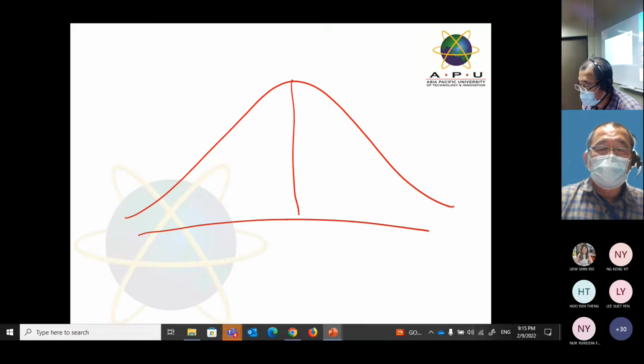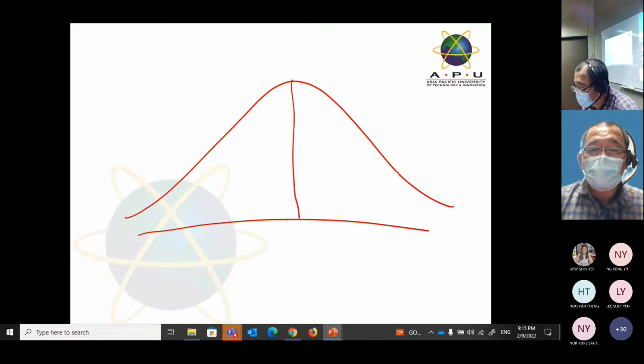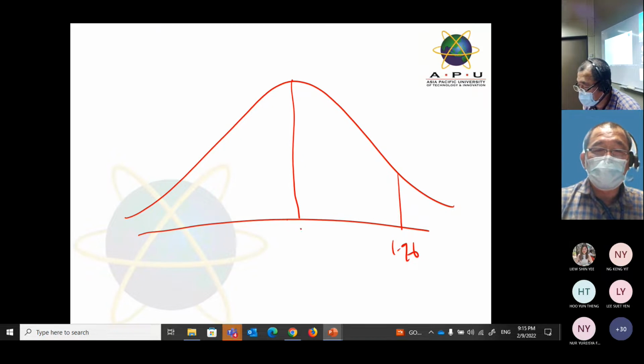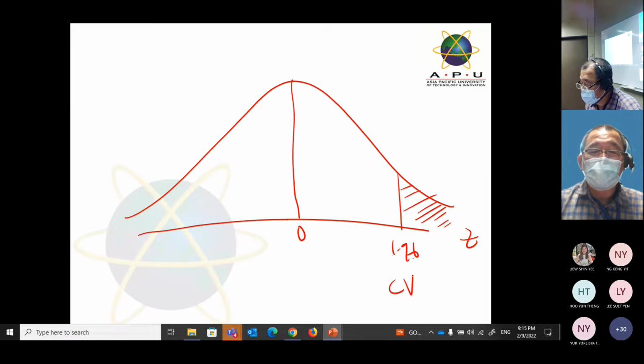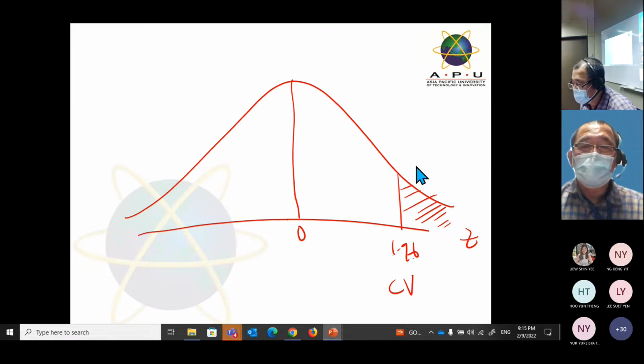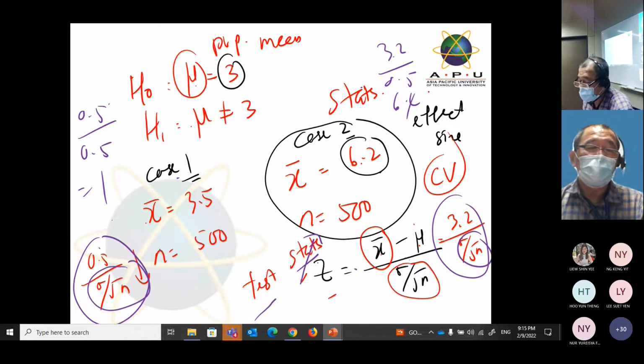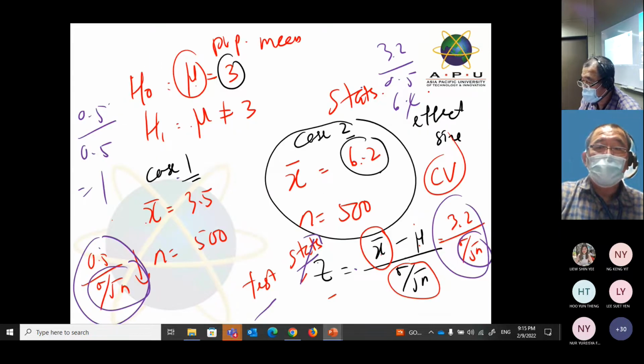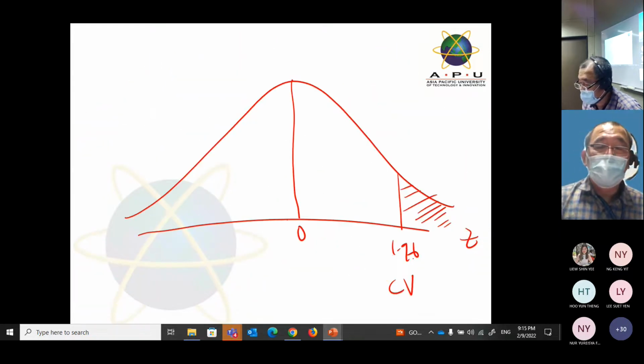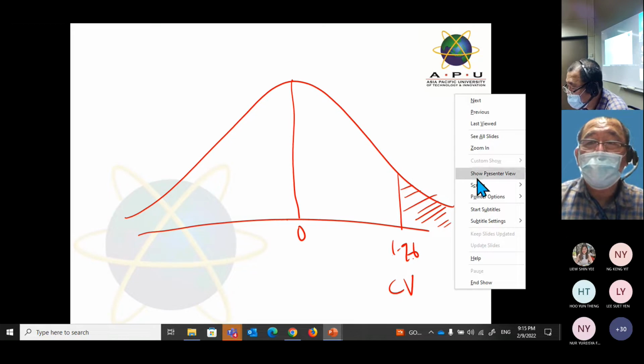Okay. So let's say here is 1.96, and here is 0 for Z. 1.96 is the critical value. Therefore, this method we call the critical value approach.